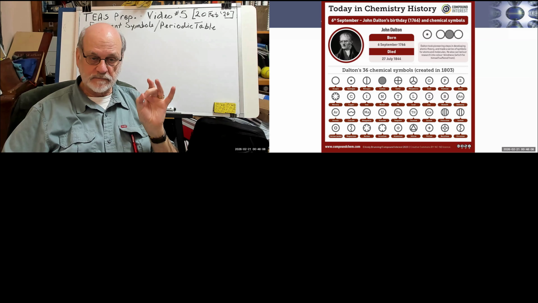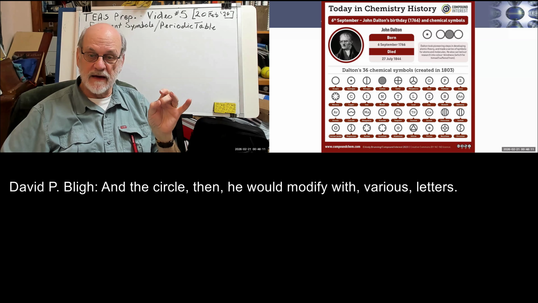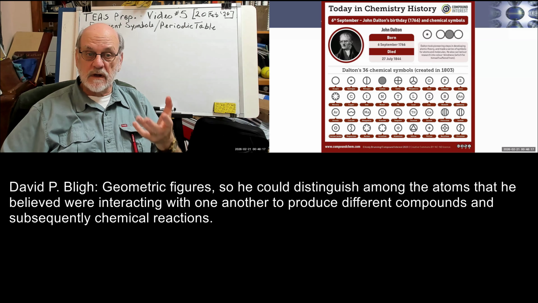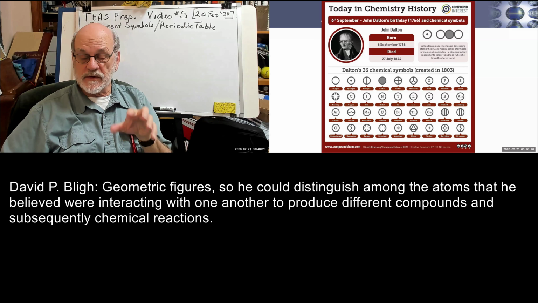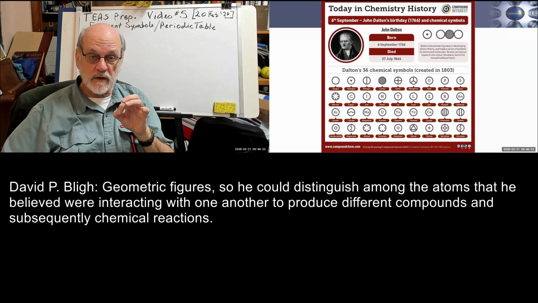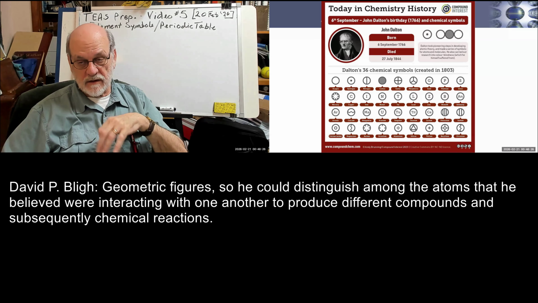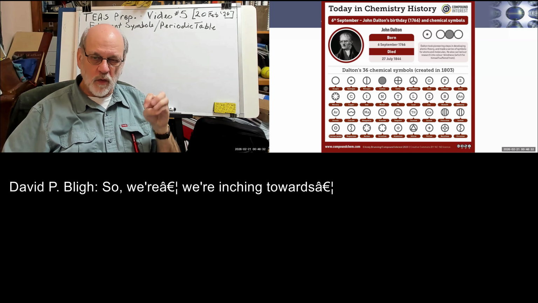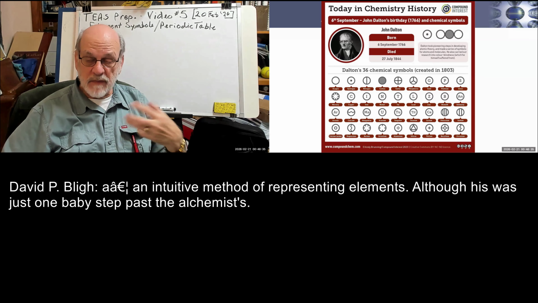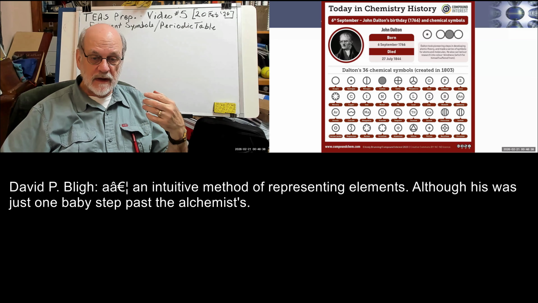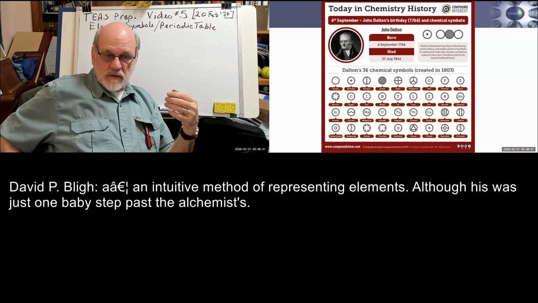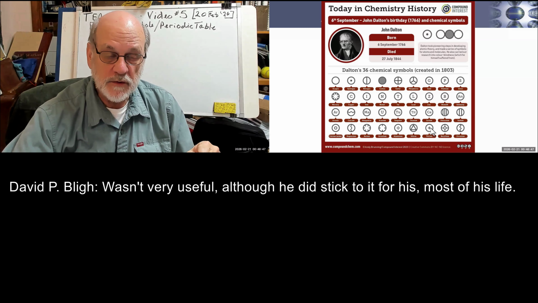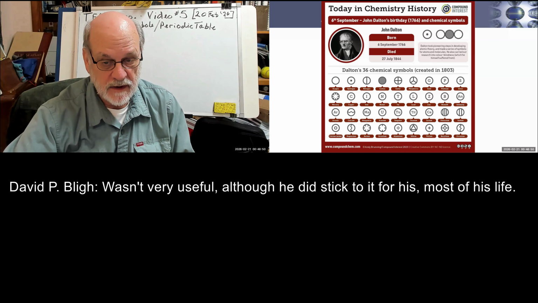So he chose the circle. And the circle then he would modify with various letters, geometric figures, so he could distinguish among the atoms that he believed were interacting with one another to produce different compounds and subsequently chemical reactions. So we're inching towards an intuitive method of representing elements, although his was just one baby step past the alchemists. Wasn't very useful, although he did stick to it for most of his life.